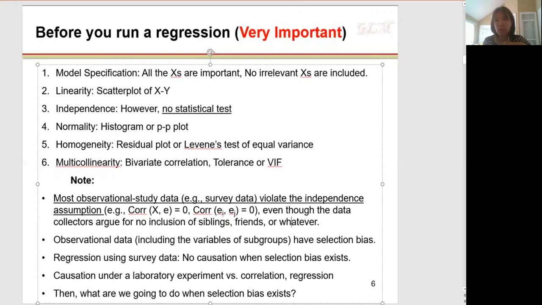If you want to say something closer to causation, not necessarily 100% causation, then you want to add some quasi-experimental design techniques in addition to multiple regression, because we do not want a non-zero, too high correlation between X and the residual. That is totally selection bias.